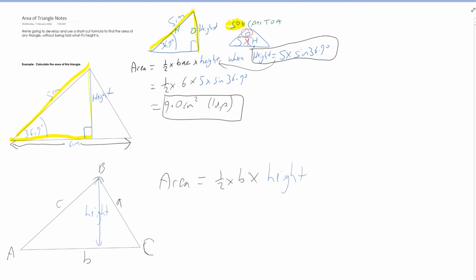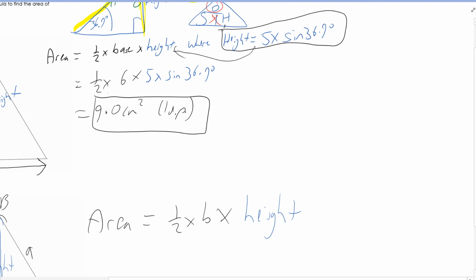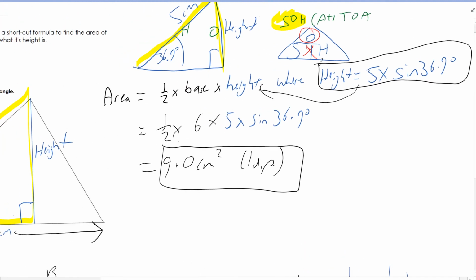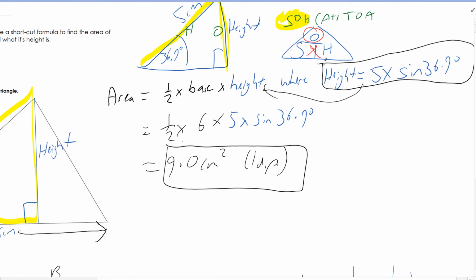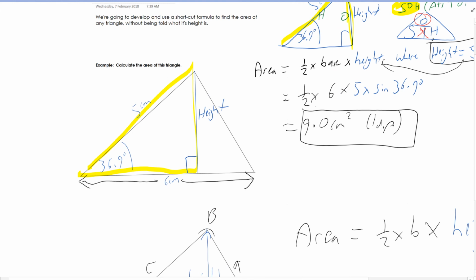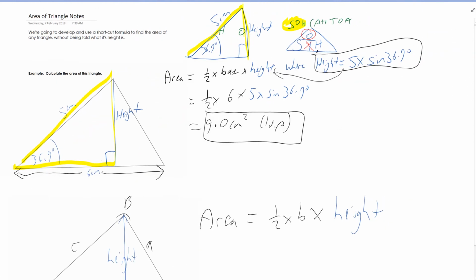Now, the next thing we did back here was what? Well, we wanted to find a formula for the height based on the information we had. And it was 5 times sine 36.9. So, if we go back to this triangle, 5 is which side?